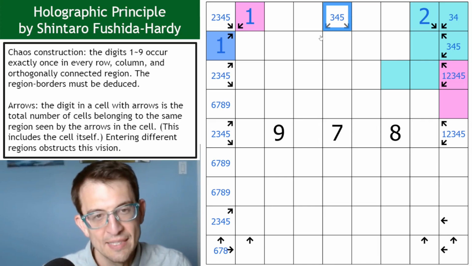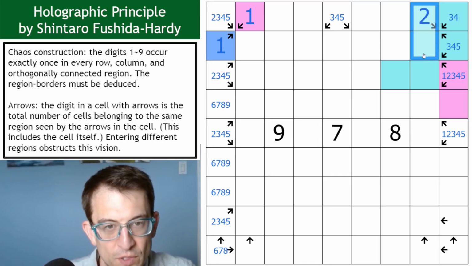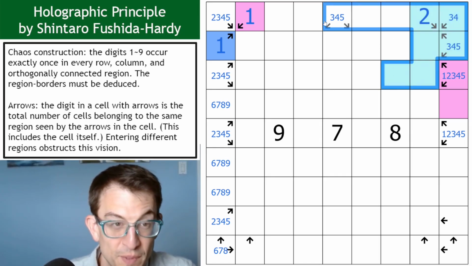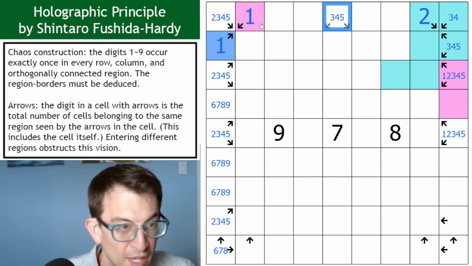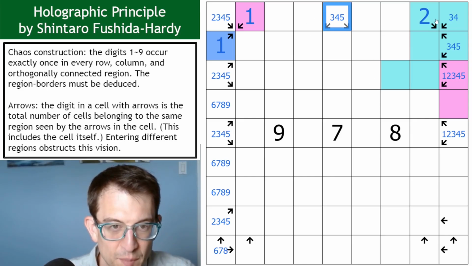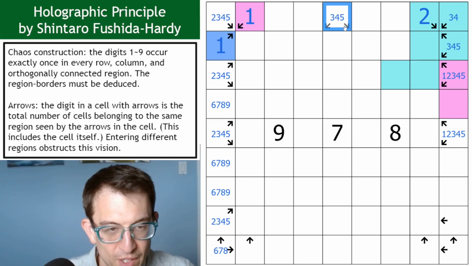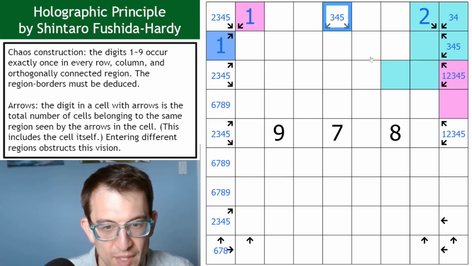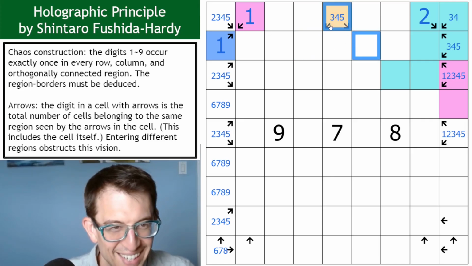Is there a reason this can't be blue? 1, 2, 3, 4, 5, 6. It would have to be, if it's blue, it does this exactly, and this would be a 1. So no, that doesn't work. So this isn't blue. It could be pink, but this doesn't get over it. So this doesn't get to this, and it's at least 3. So whatever this is, I want to be careful about coloring this because it could be pink, but it might not be pink. I mean, we get orange, which to me means like maybe pink, and it's at least 3.